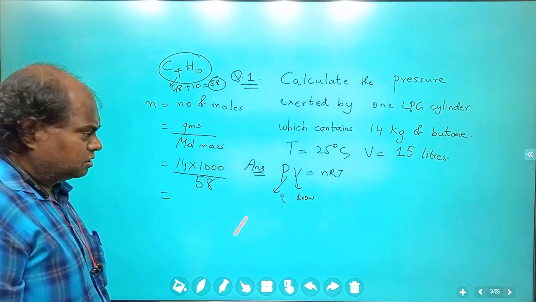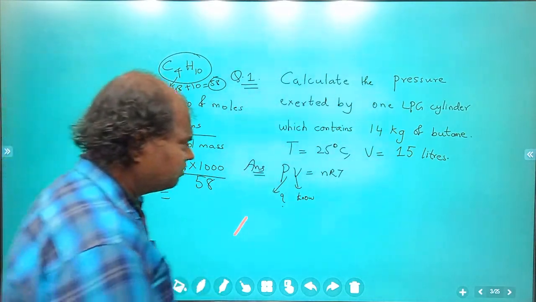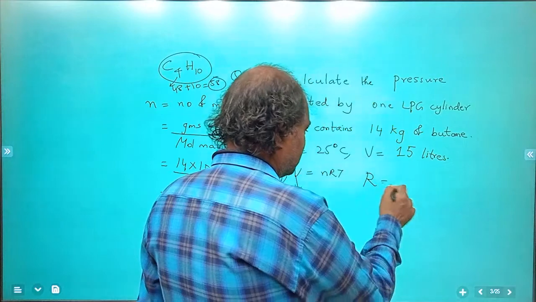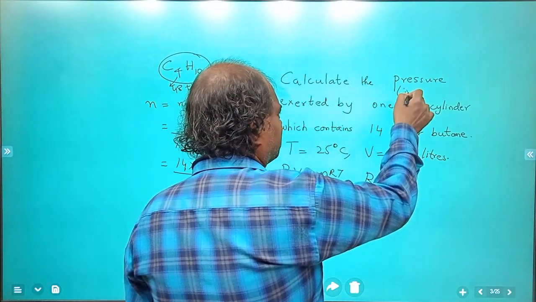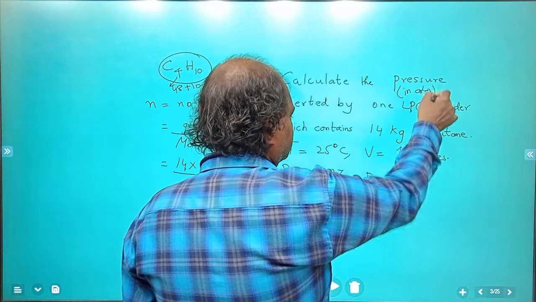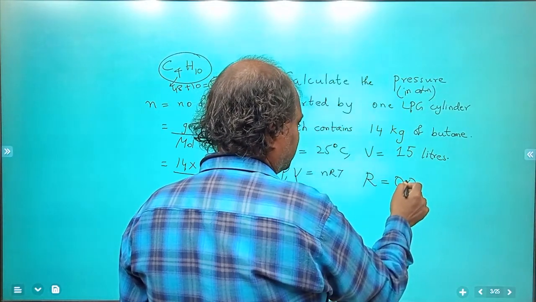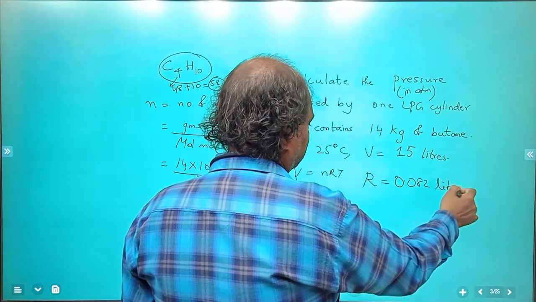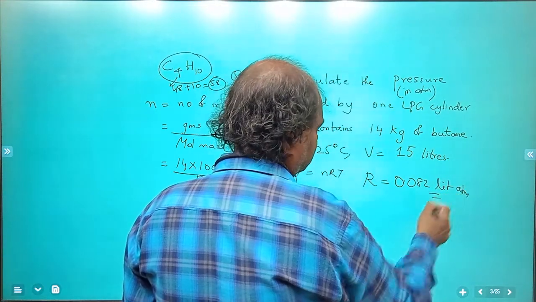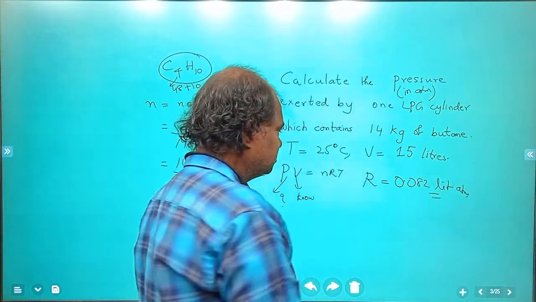Once you know the number of moles, now you know the value of R also. What is the value of R? Now students, you're writing pressure in atmosphere. Mostly they'll ask in atmosphere only, right? So you will use the value of R as 0.082. Please remember, in this chapter, mostly you use this value only, 0.082 liter atmosphere.